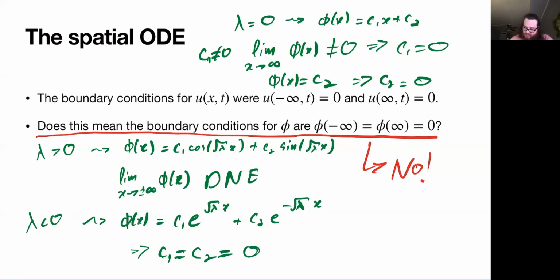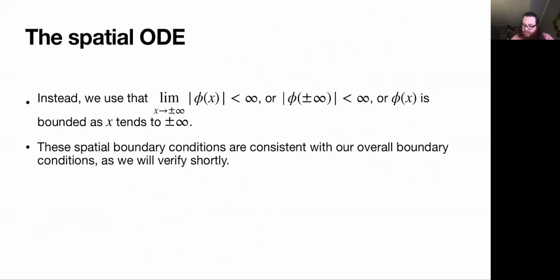So how do we get around this? Well, it turns out that asking phi, the spatial piece, to be 0 if you go out to positive or minus infinity is actually asking for way too much. Instead, we can just ask that phi is bounded. So as you go out to plus or minus infinity, take the absolute value of phi, whatever this quantity is, it cannot diverge. Here we're saying the limit as you go out is finite.